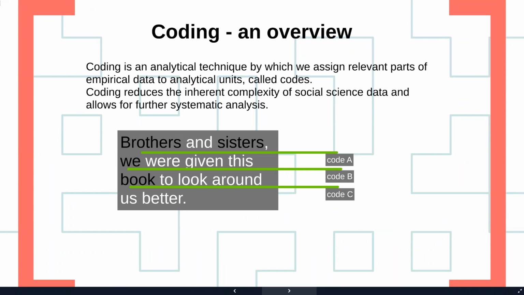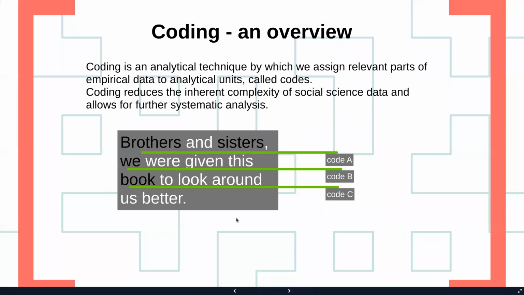To recap from the last lecture, when I touched the issue that coding is a way to transform data from their original context into the scientific context. It's a technique by which we assign parts of empirical data to analytical units, and these analytical units are called codes.